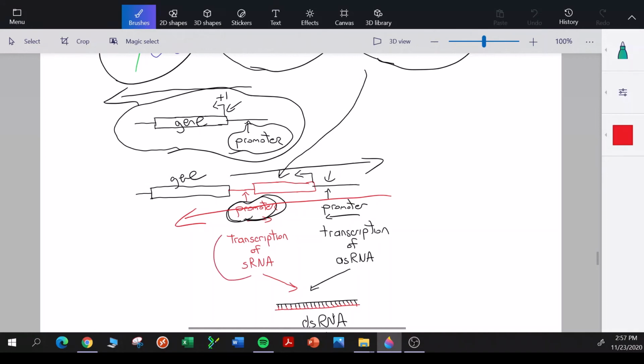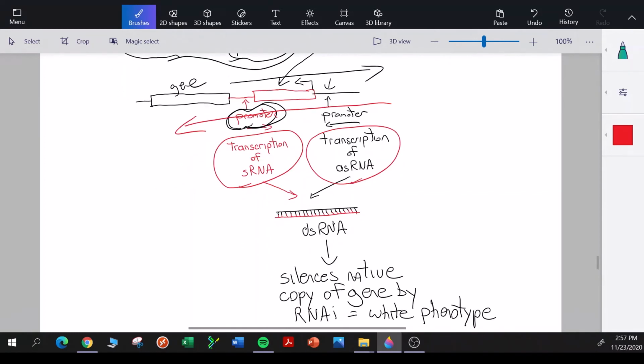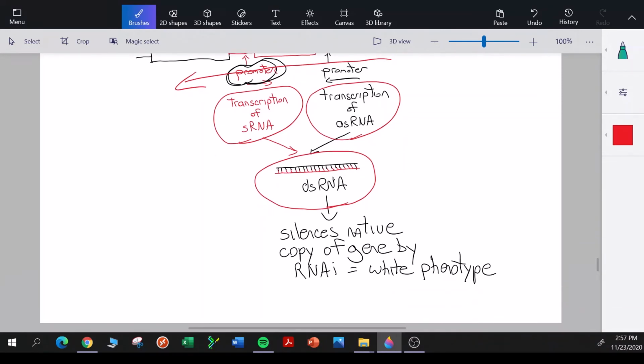So we get transcription of the sense RNA and transcription of the antisense RNA. And those can hybridize to make the double-stranded RNA. And then that can trigger RNA interference, which causes gene silencing of that native copy of the pigment-producing gene in each organism, petunia or Neurospora crassa.